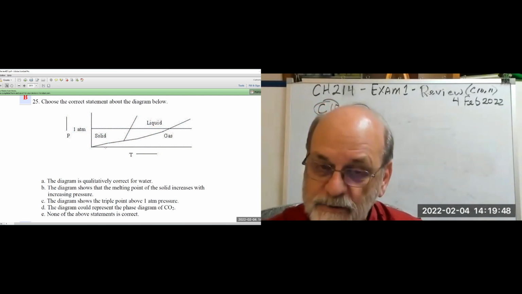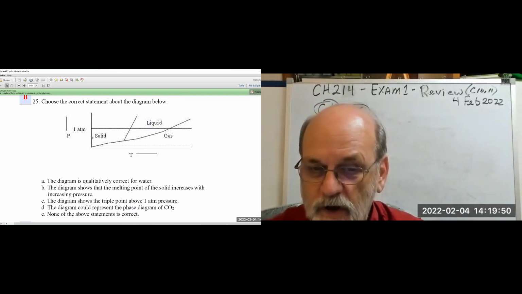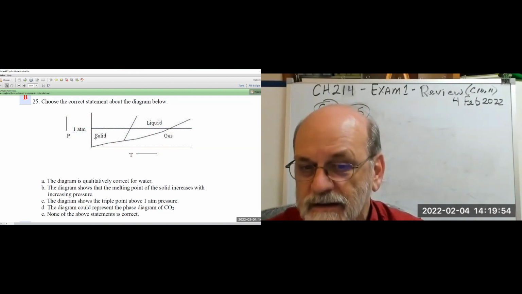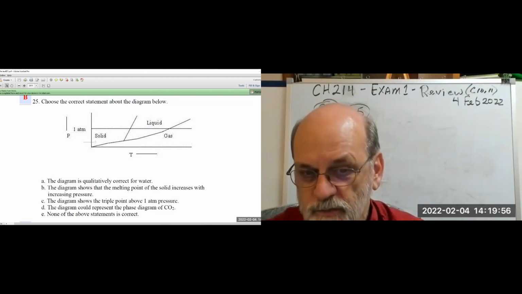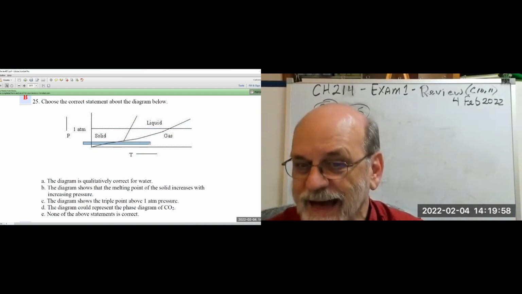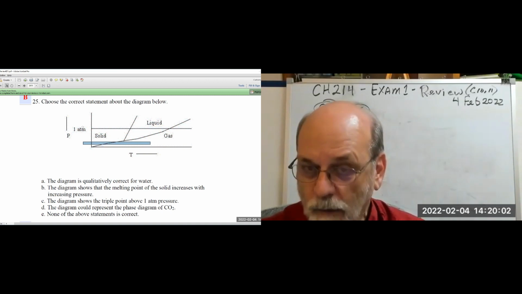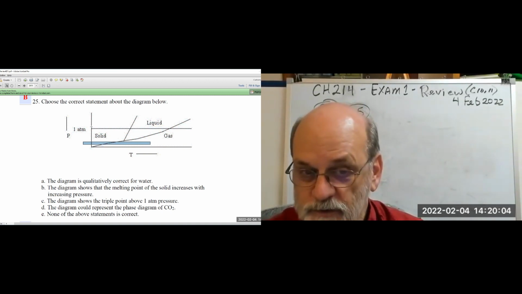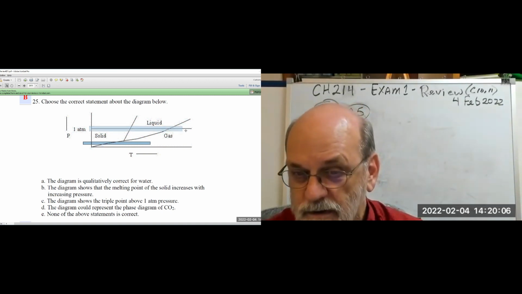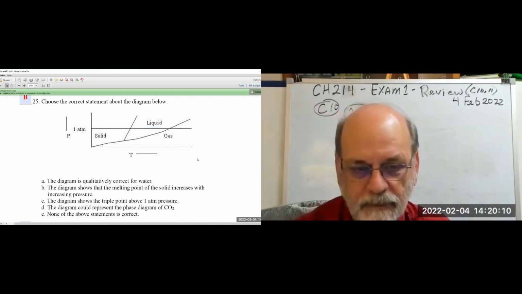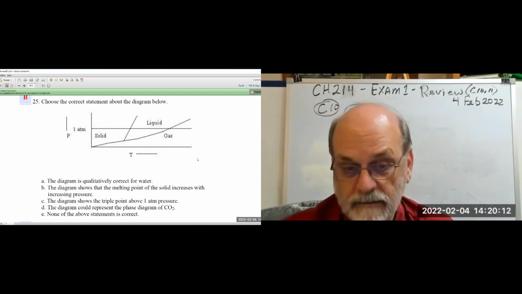So at 1 atmosphere pressure, we should be able to go straight from solid to gas. In other words, we should be able to go like that, solid to gas. It can't happen. At 1 atmosphere, this substance goes from solid to liquid to gas. Right? Can't be carbon dioxide. So the answer is B.